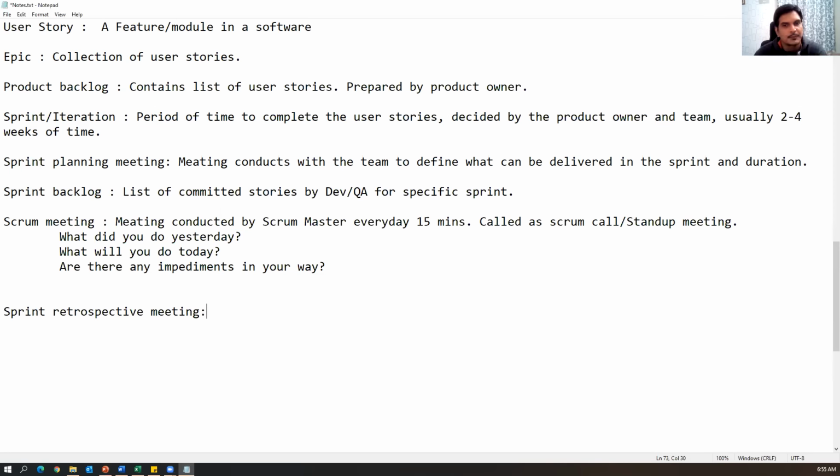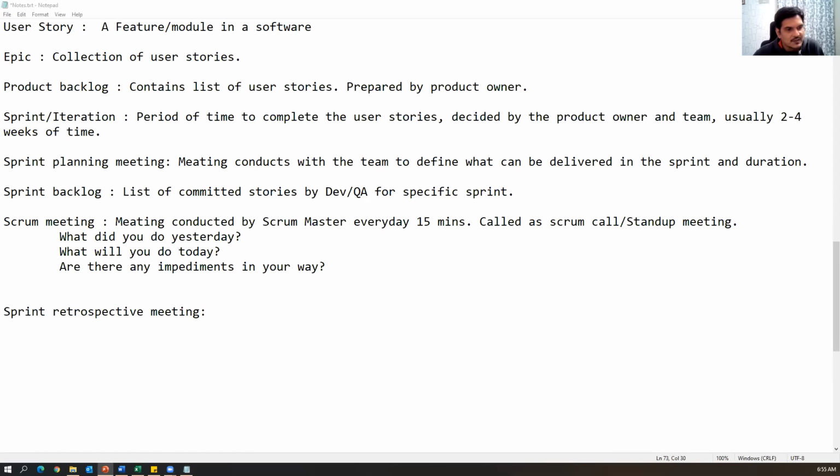Suppose in the entire project cycle we have 5 sprints; at the end of every sprint, we will have a retrospective meeting. So what does the retrospective meeting mean? Here we discuss what went well, what went wrong, and what improvements we have to make in the next sprint. Those things will be discussed during the sprint retrospective meeting.